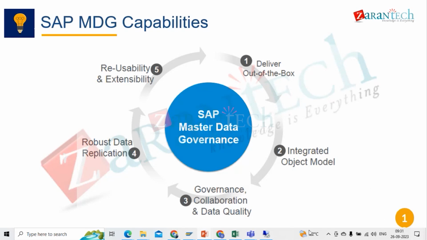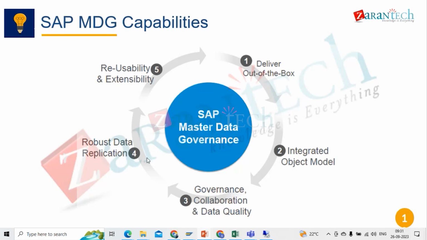And here you can see governance, collaboration, and data quality. Governance is controlled by the workflow process, and collaboration and data quality can be controlled using the BRF rules.